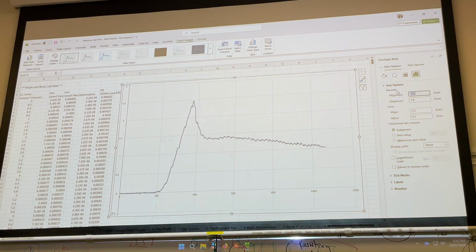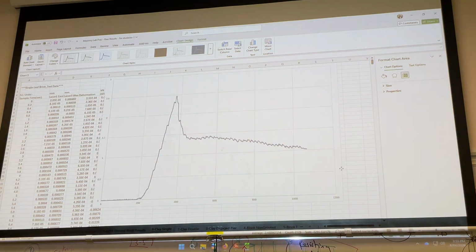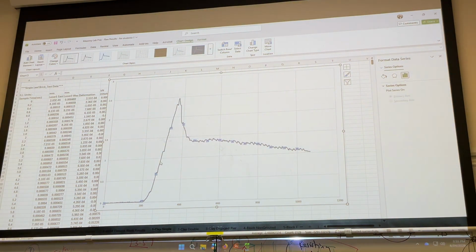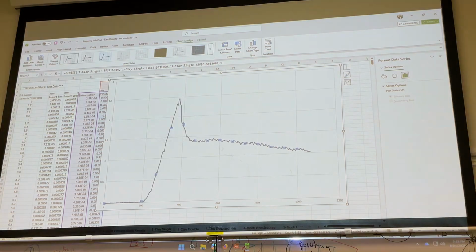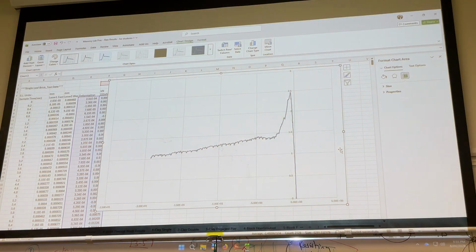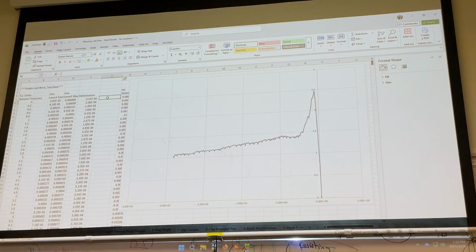Okay, so have you tried this before? So this is the deformation versus the load. But the deformation is negative, so what you need to do is make it positive so it looks better.